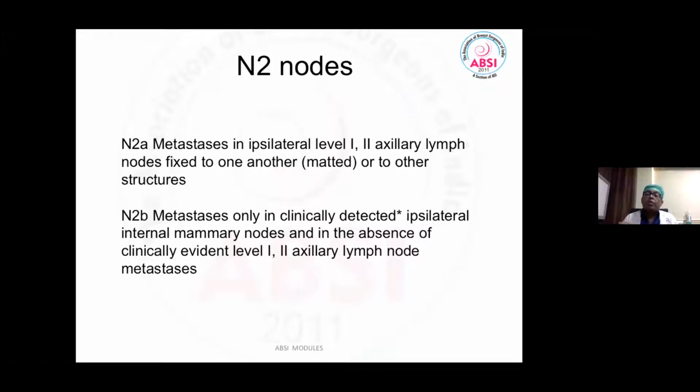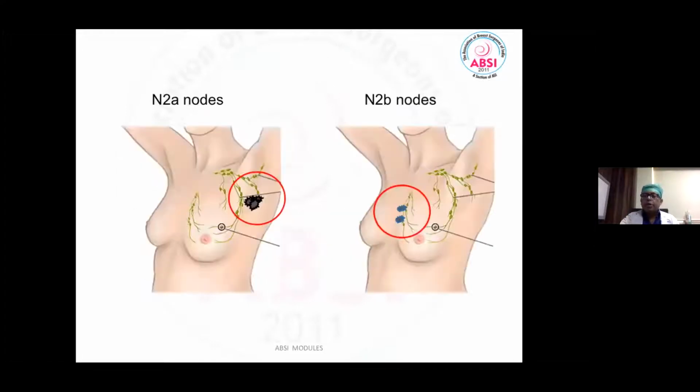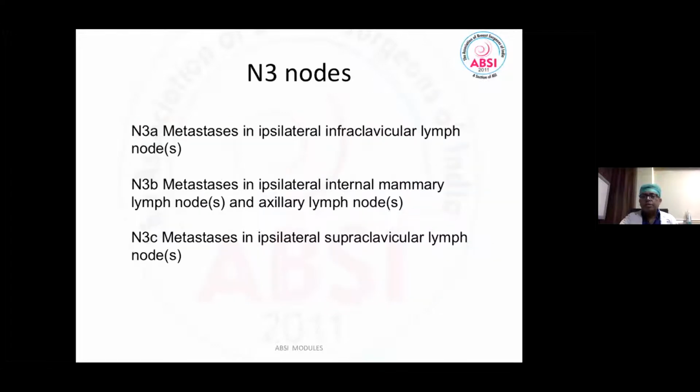Though we were taught that percussion is a technique, practically it is impossible. So a mild extension into an ultrasound is used to find out whether an ipsilateral internal mammary node is present or not. And these are the diagrammatic representations. N3 is infraclavicular, or internal mammary, or you have supraclavicular.